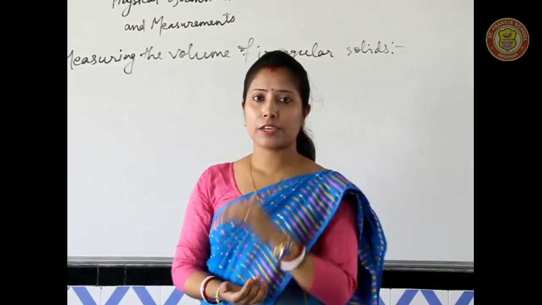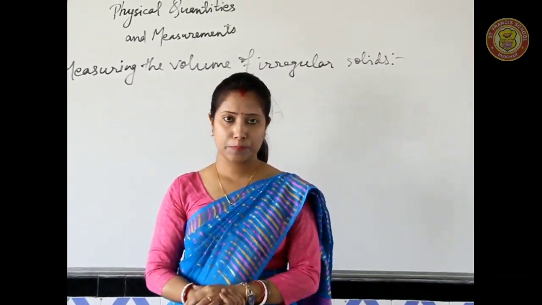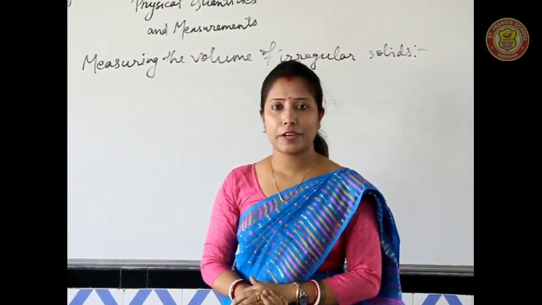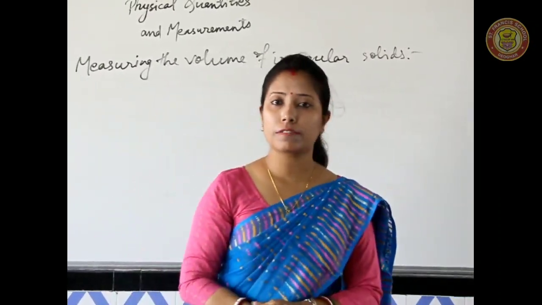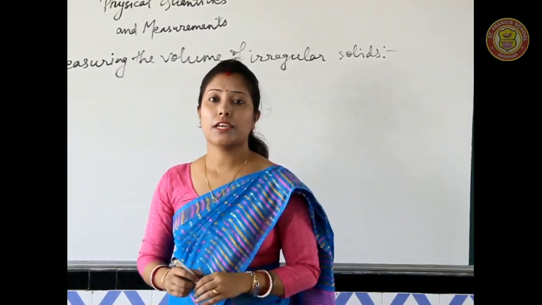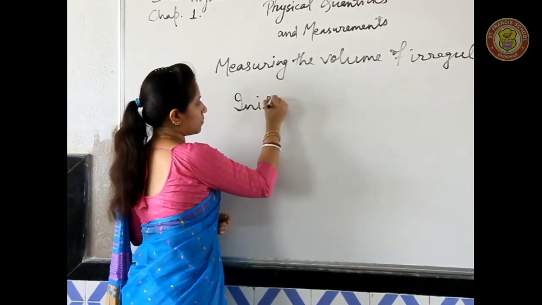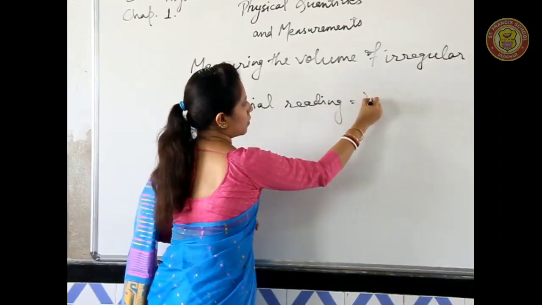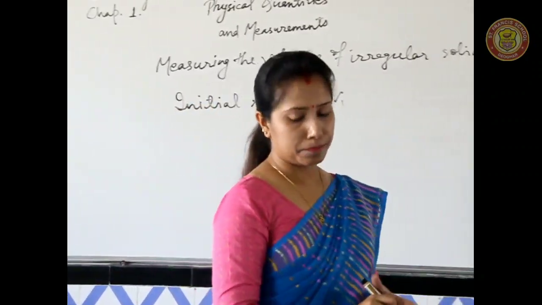Whichever mark you fill it to, observe that reading of the measuring cylinder and record it as the initial reading. So the initial reading equals V1.